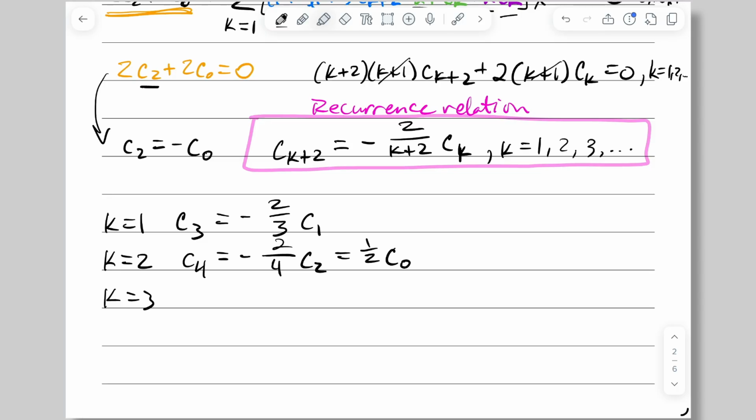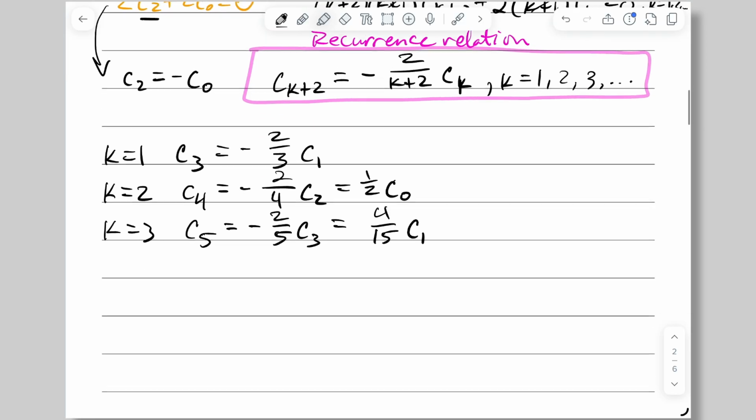For k equals 3, we have c sub 5 is equal to negative 2 over 5 times c sub 3. But c sub 3 is negative 2/3 c1, and so c5 is 4/15 times c sub 1.